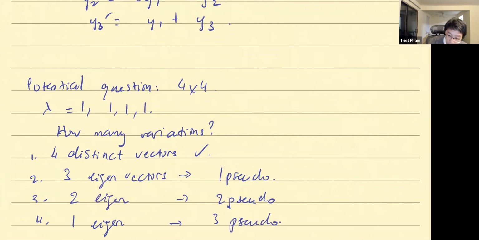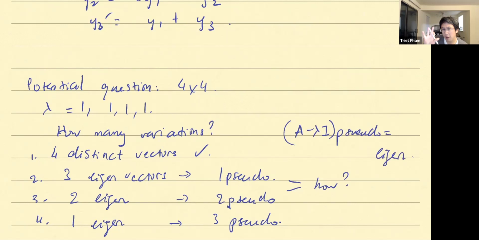And if anything, with these cases right here, you have to pick how to solve for the pseudo eigenvector, which can be quite mysterious. How to pick the pseudo eigenvectors here is the question. Abstractly, telling you that A minus lambda I times pseudo equals eigen is roughly that.